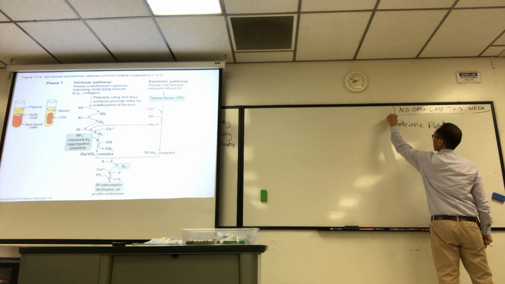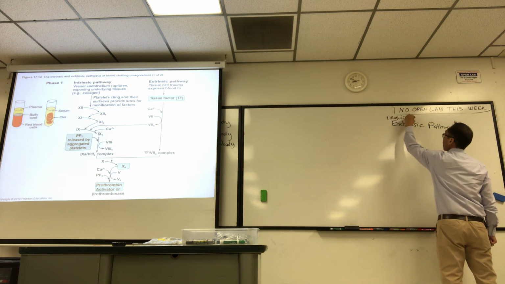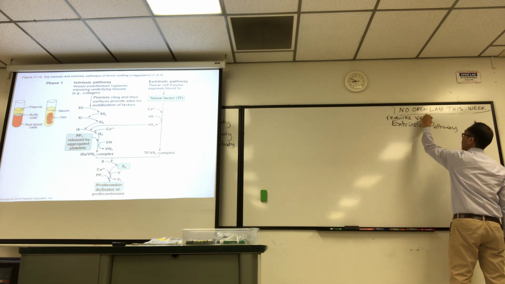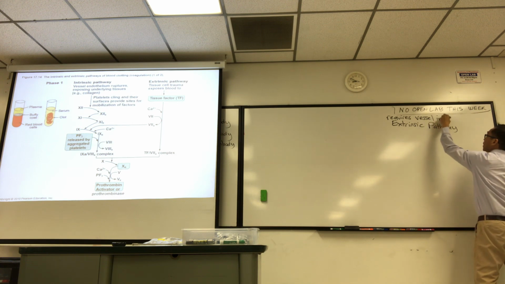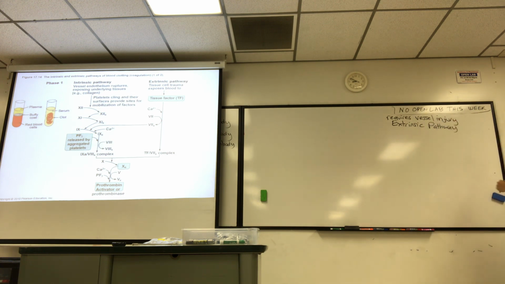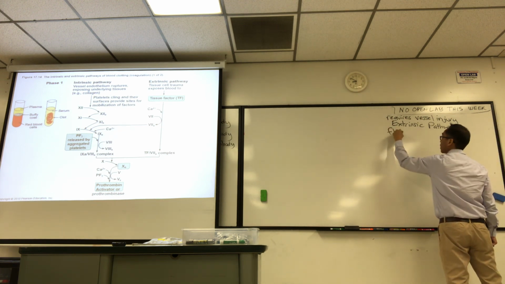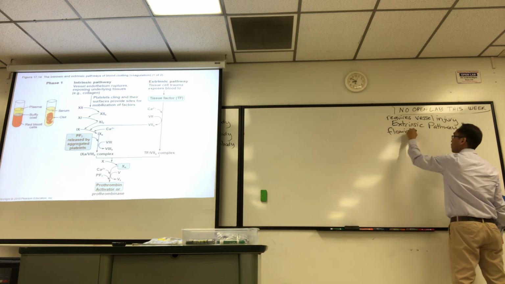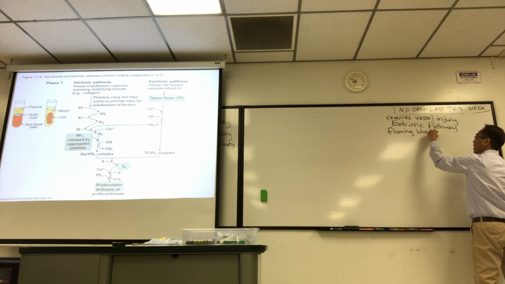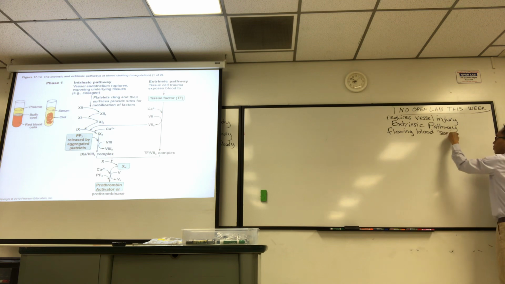Put that as a note here. Because when you damage a vessel, the flowing blood kind of sees this tissue factor. Tissue factor is secreted by the injured cells. Flowing blood. I'll put "sees" in quotation marks.